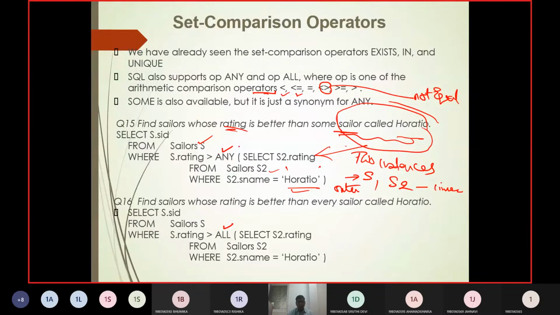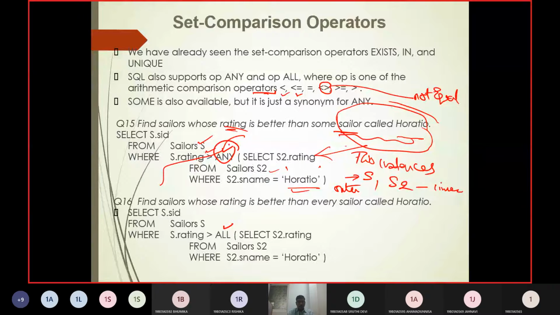Now we are going to use ANY. As we use ANY, if any Horatio exists, the ANY clause is going to work, and then we are going to have the greater than symbol. Okay, fine. Up to this part, we have got whoever the Horatios are.